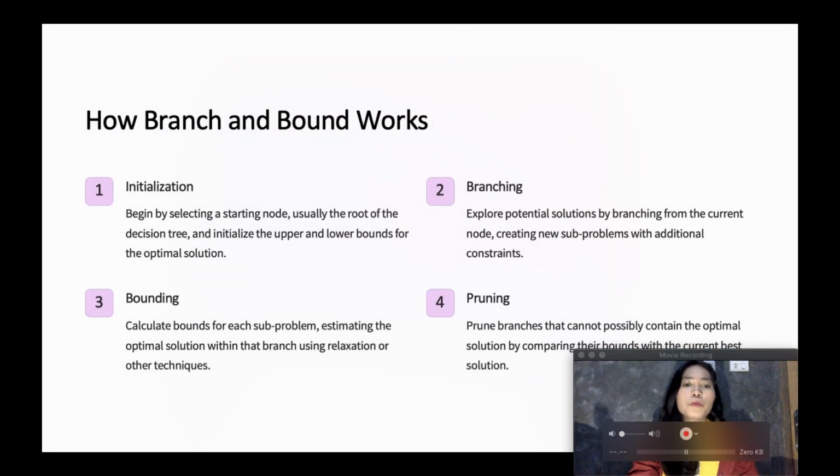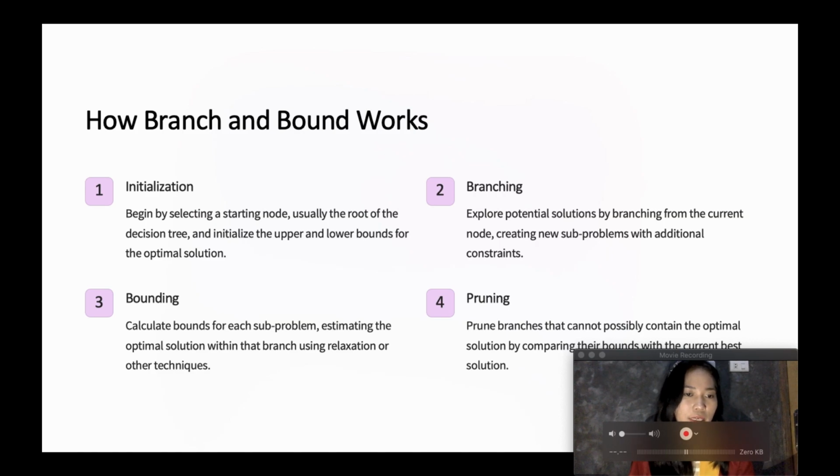And how branch and bound works. One, initialization. Begin by selecting a starting node, usually the root of the decision tree, and initialize the upper and lower bounds for the optimal solution. Two, branching. Explore potential solutions by branching from the current node, creating new subproblems with additional constraints.